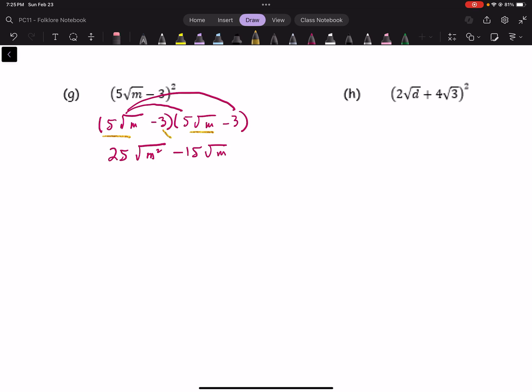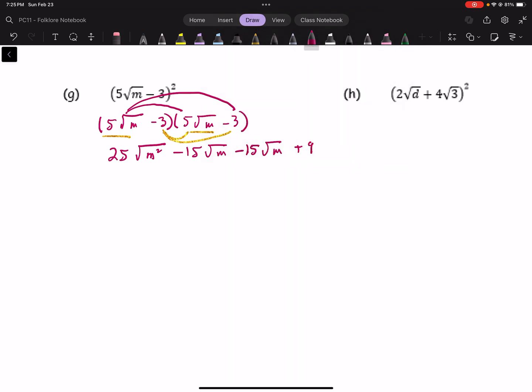Now let's go on to my second grouping of multiplication. Negative 3 times 5 root m is going to be negative 15 root m. Now the second multiplication that we're going to do with the first term of negative 3 is negative 3 times negative 3, which creates positive 9. So it's all good.